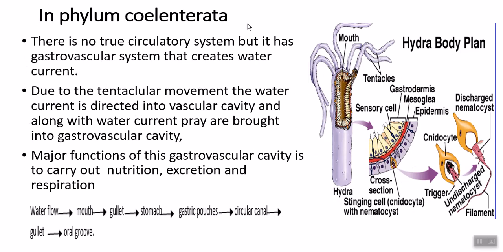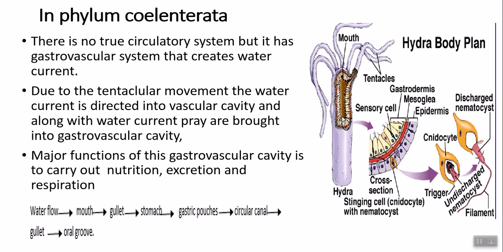Coming to the phylum Coelenterata, again this animal doesn't have a true circulatory system. However, the gastrovascular system creates a water current due to the movement of the tentacles. This water current enters the mouth into the gastrovascular cavity, and again pours out of the mouth.